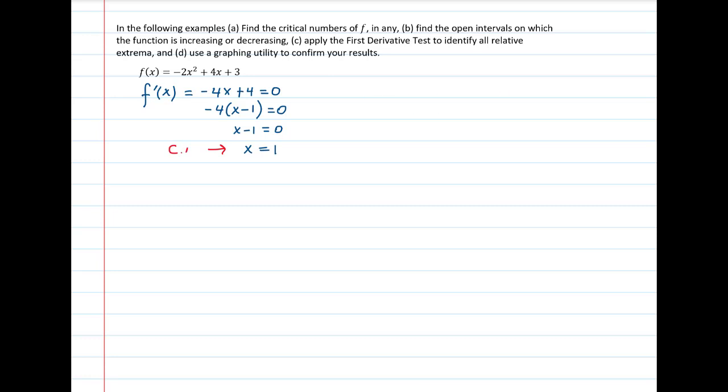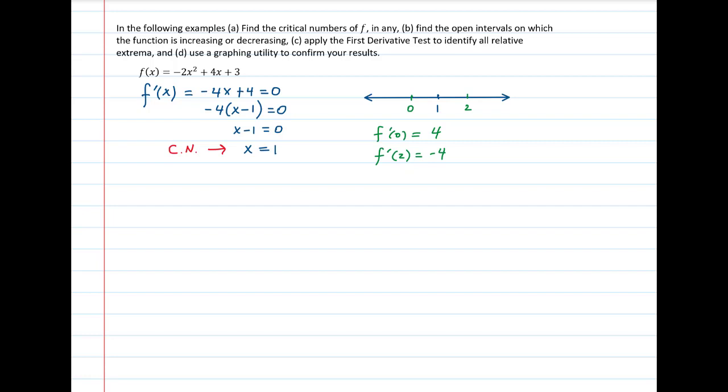Putting this on our number line, we're going to figure out our intervals where the function is increasing or decreasing, as we've been practicing in the last couple of examples. We just have one critical number, which splits the number line in two. We choose a test value on each interval, and we have 0 and 2. We plug those values into our first derivative and figure out the sign of the derivative there.